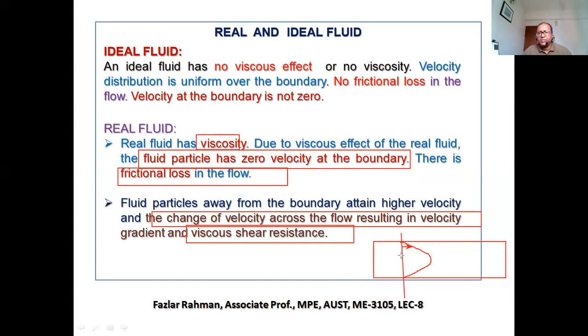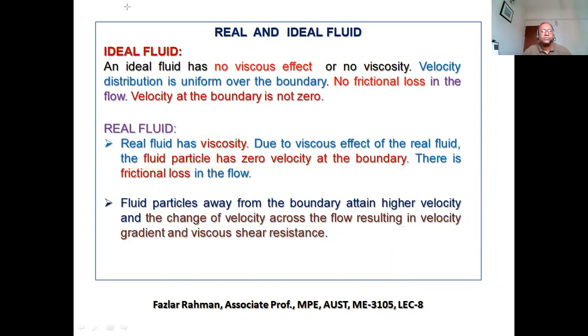Right over here it is traveling faster than at the wall, but at the middle, velocity is higher. So if I think this is y, and along this direction is the velocity, then along the y direction there is a change of velocity from one particle to another particle. That is called velocity gradient.